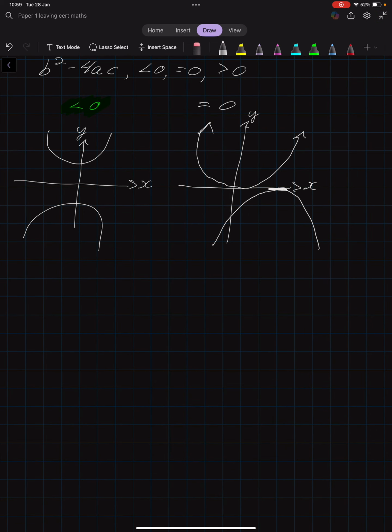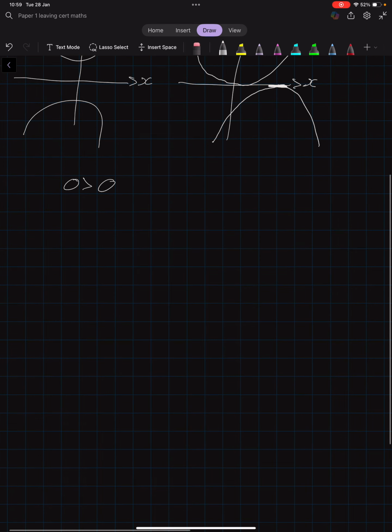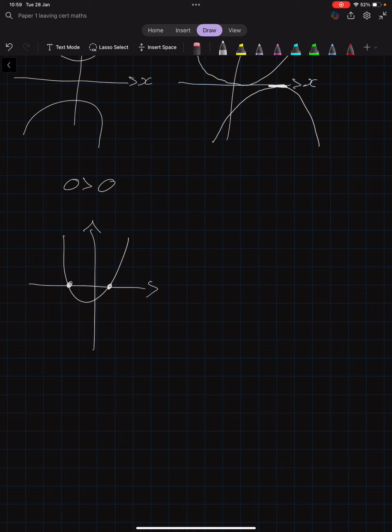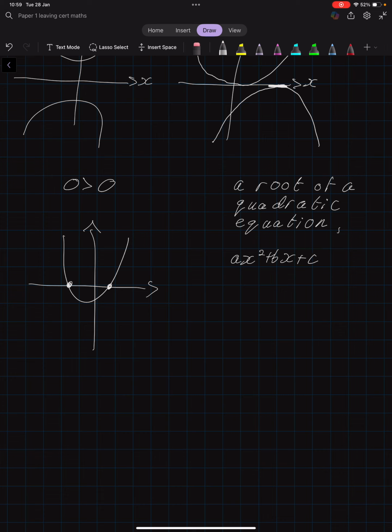And then lastly, the one you're probably most familiar with: if this is greater than 0, you have 2 real roots. A root of a quadratic, and really any equation, but specifically when you have ax squared plus bx plus c equals 0, the solution is the minus b formula.